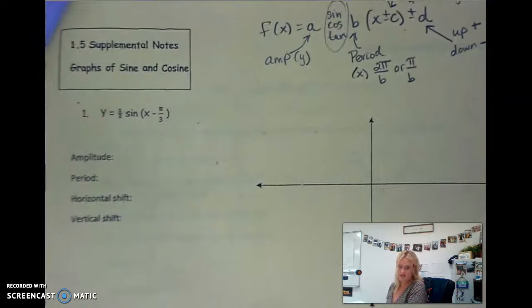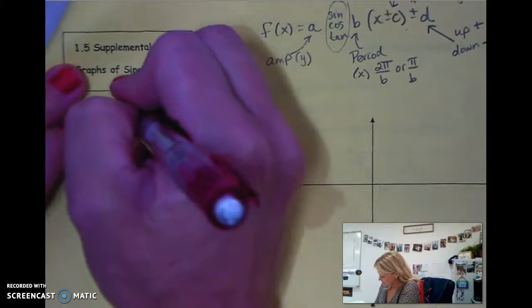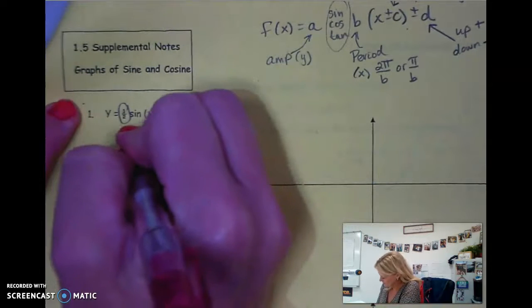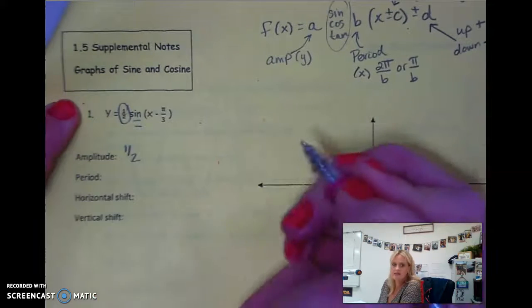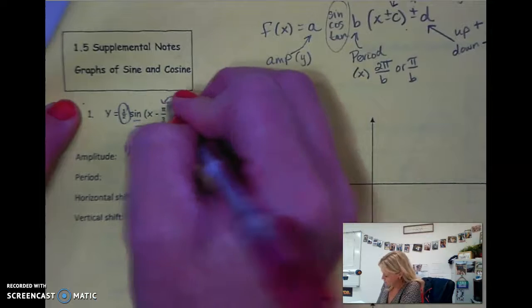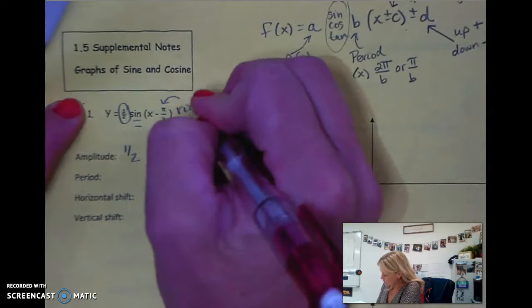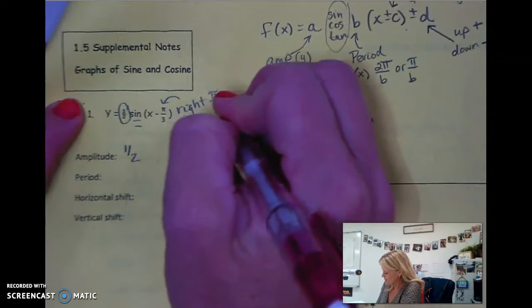So if you look at this first one here, I have an amplitude of 1/2. I'm using sine, and this is going to shift to the right 1/3 of a pi.